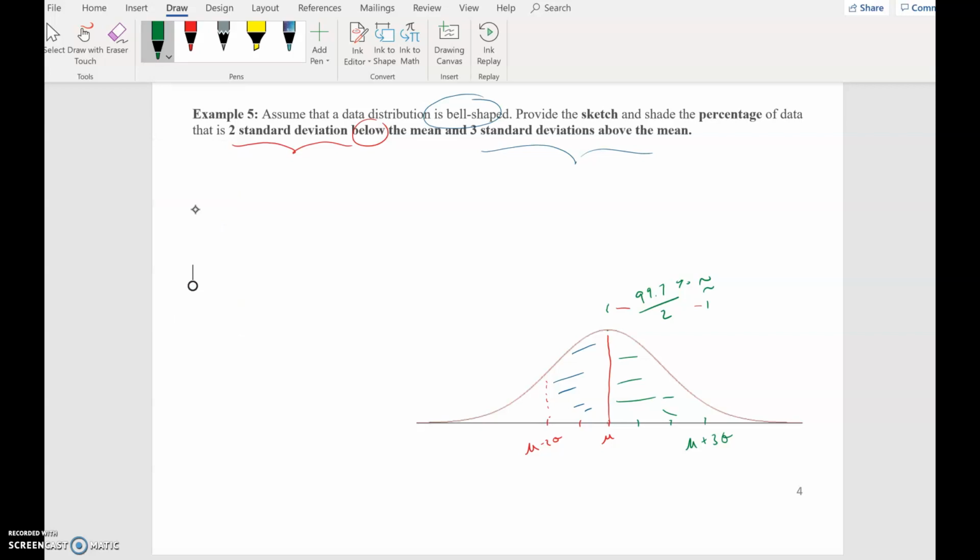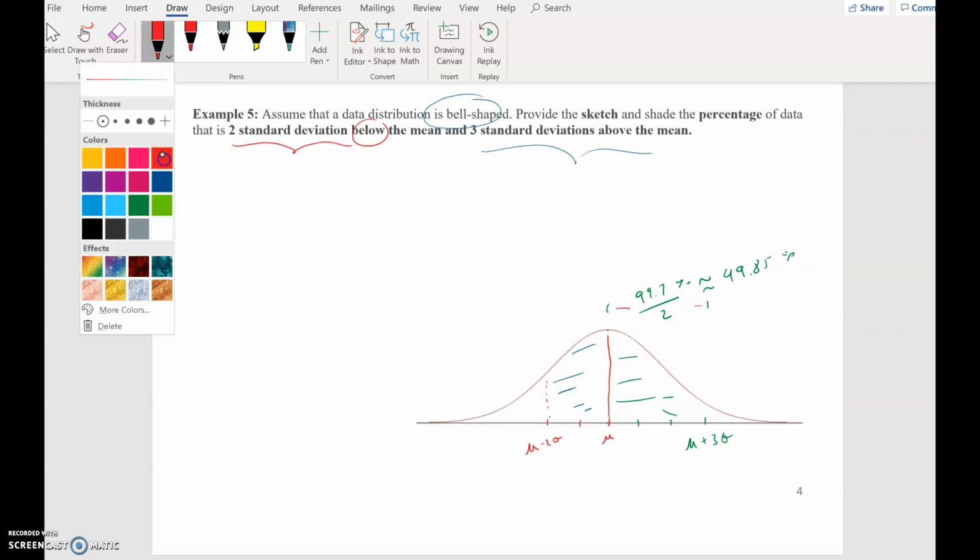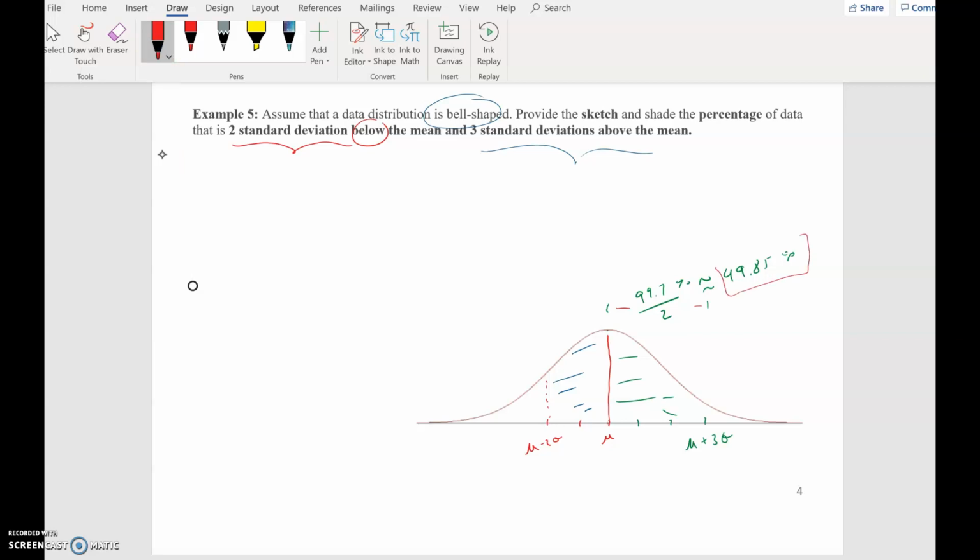So this one doesn't say within, it just says 3 above it. So 99.7 divided by 2, I'm getting that this is 49.85%. This is just for the above.